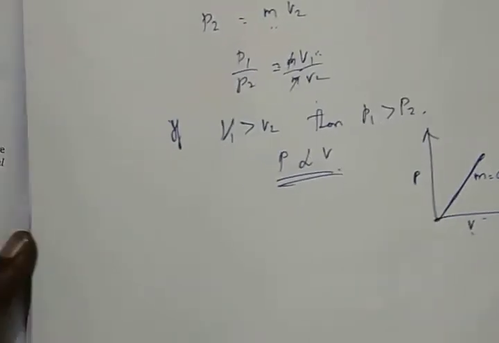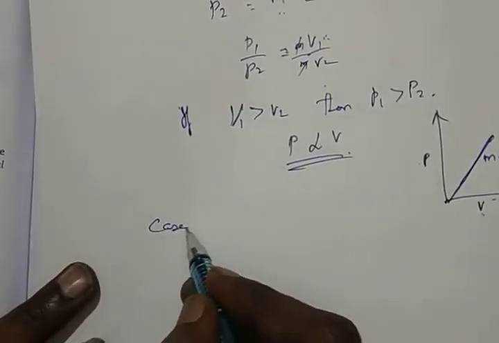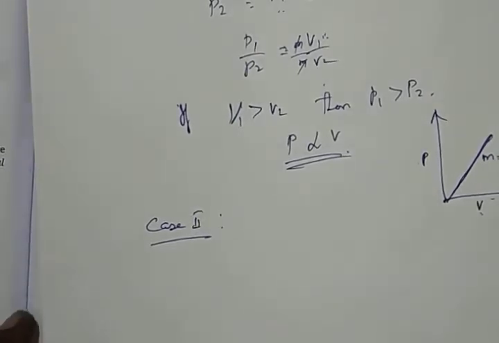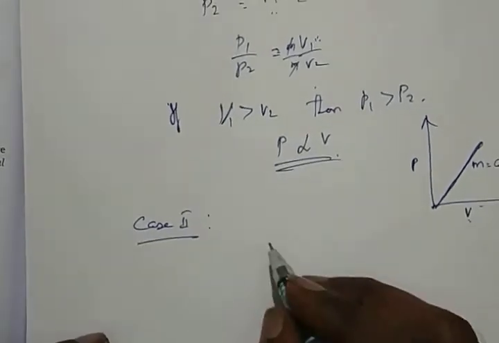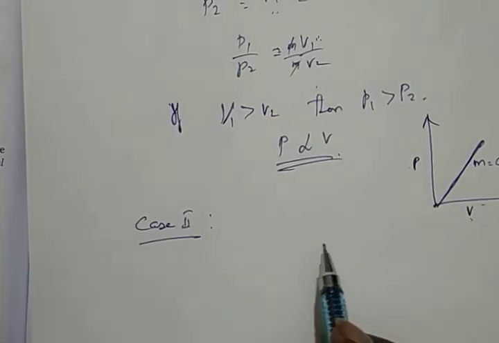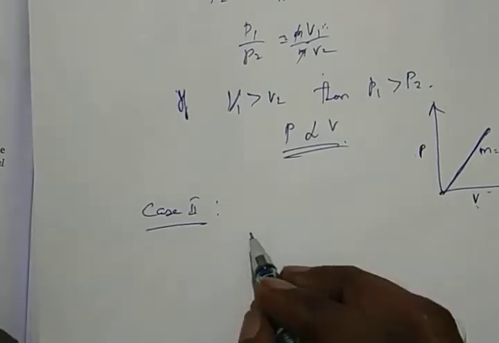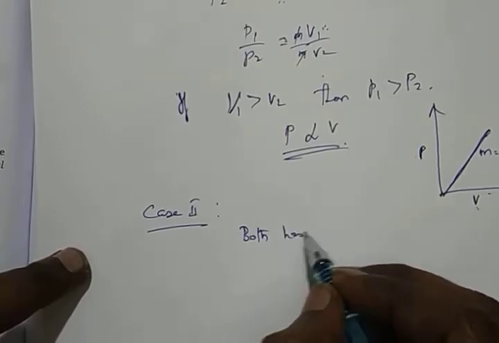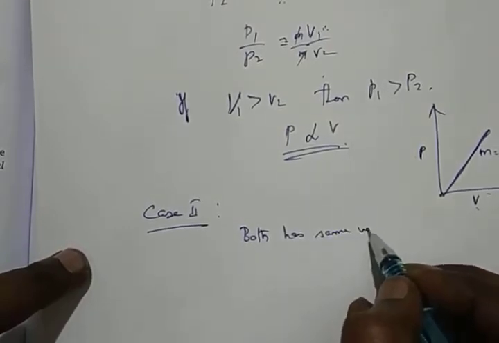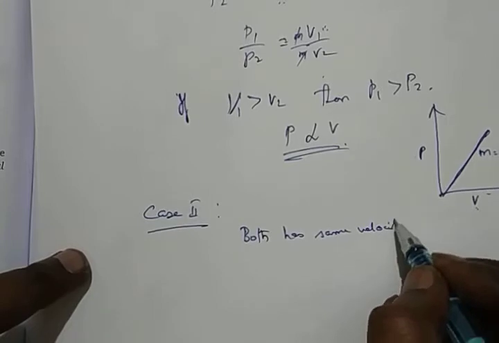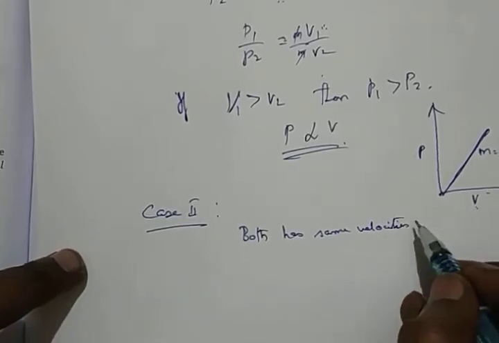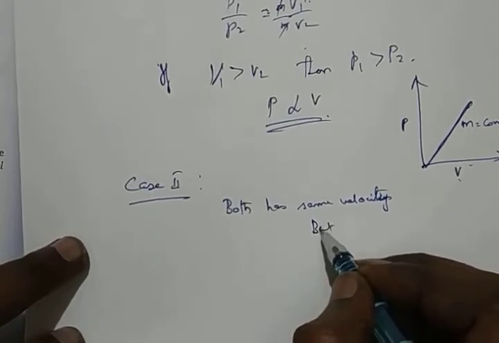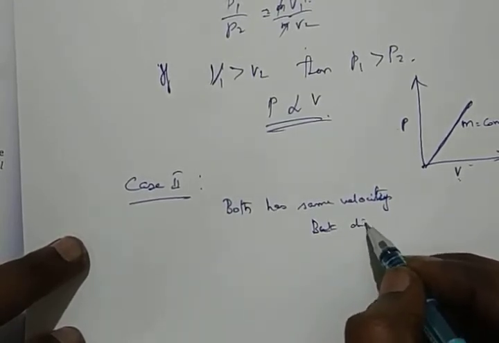Second case, case number 2. The same two bodies are moving, and here both have the same velocity but different masses.